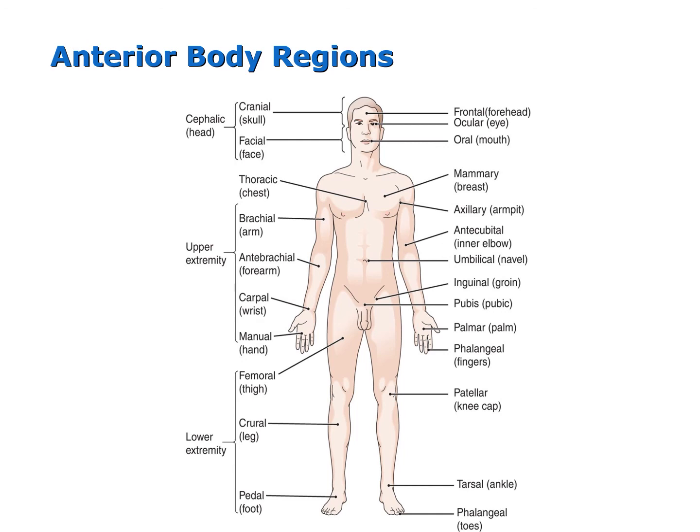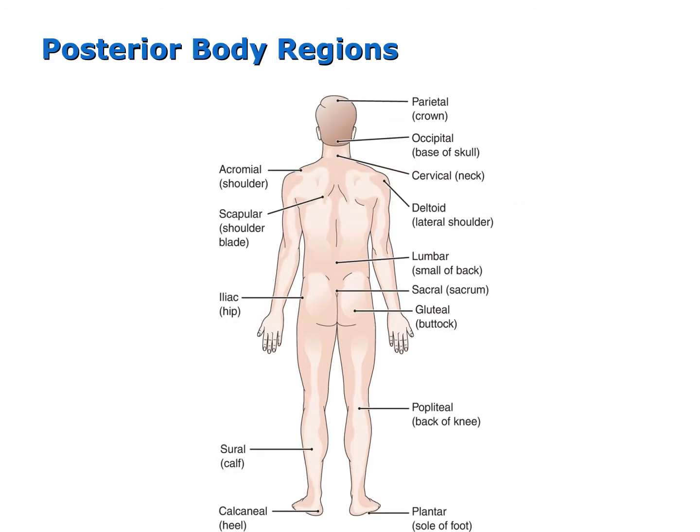The area of the kneecap is called patellar. The ankle is called tarsal. And the phalangeal area, both in the hand and in the foot, relates to the fingers, respectively the toes. Same elements are related to the posterior body region.